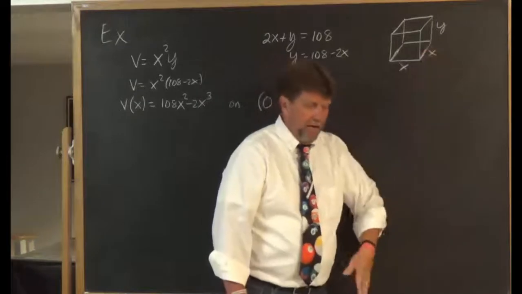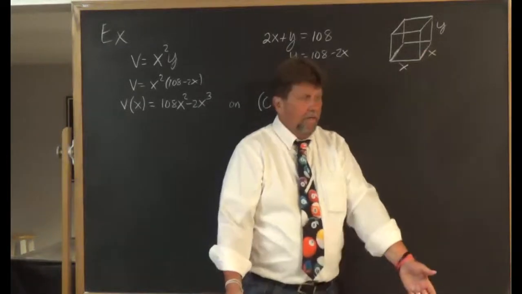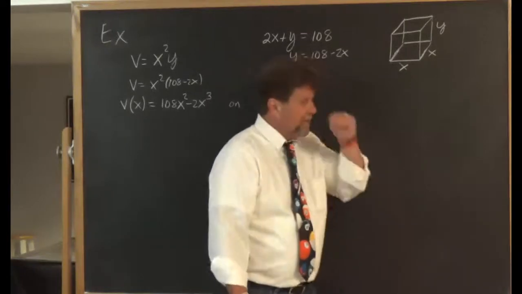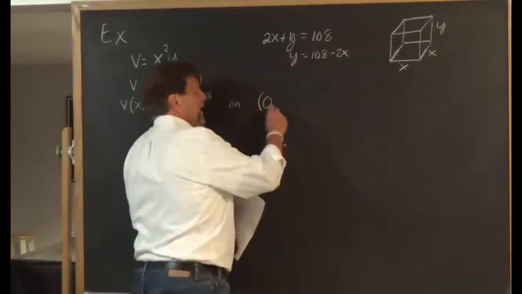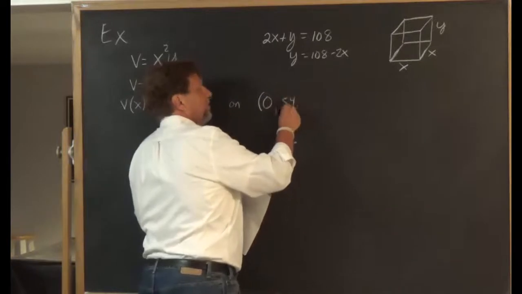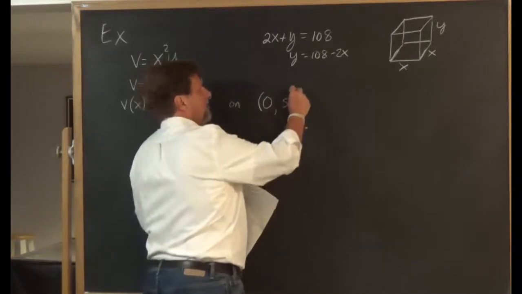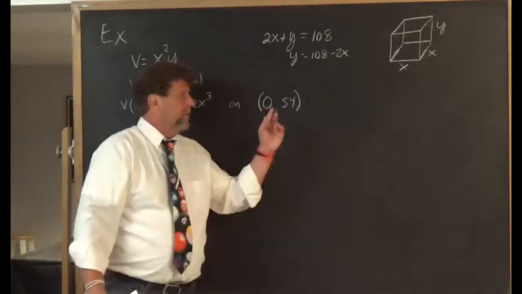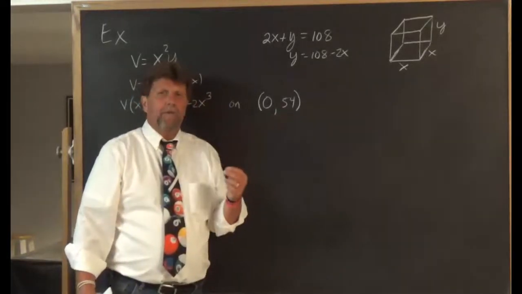A 54-inch by 54-inch, what, just a piece of cardboard? I don't know. It's not much of a box. So x can't be larger than 54, and I don't think x can even be 54 because you wouldn't have a box. Folks, we have an open interval.